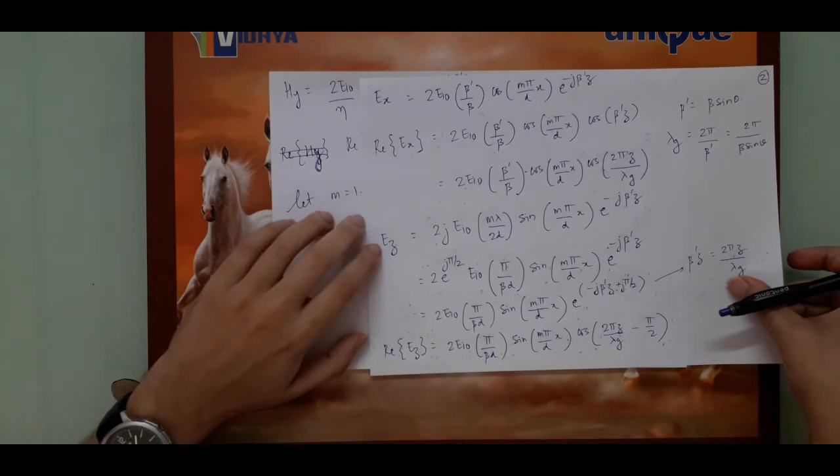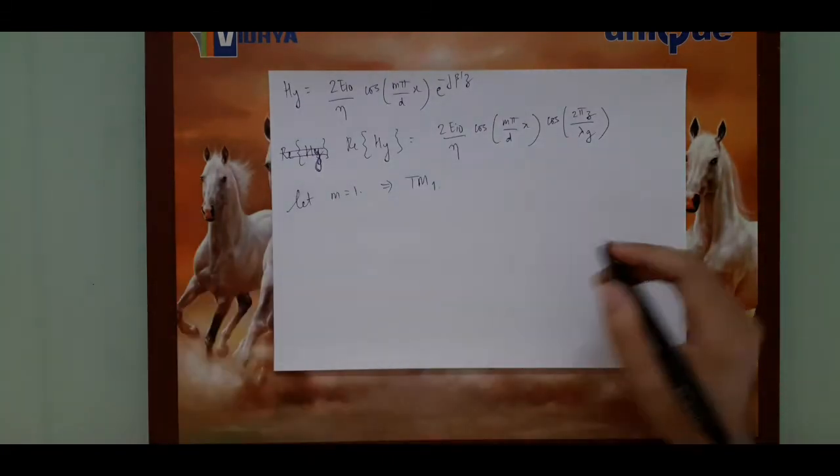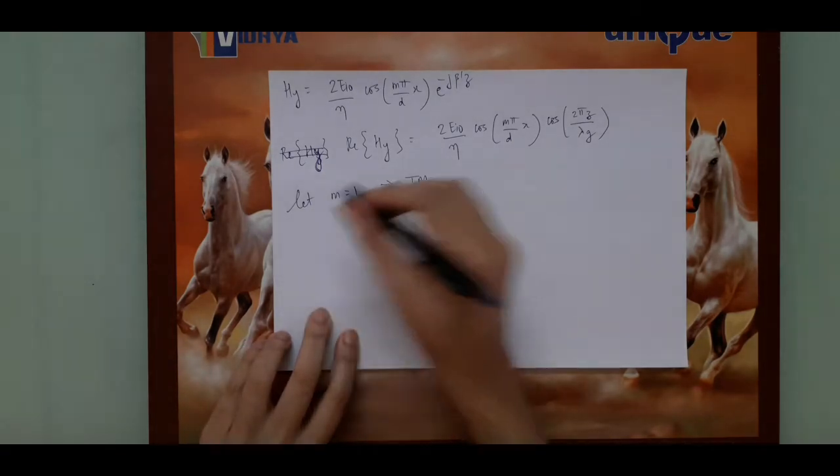So we can actually look at what is the variation along the xz plane itself, and that will give us a pretty clear picture. We really don't need to consider y. So now, if we have m equal to 1, then what would the field magnitudes be?